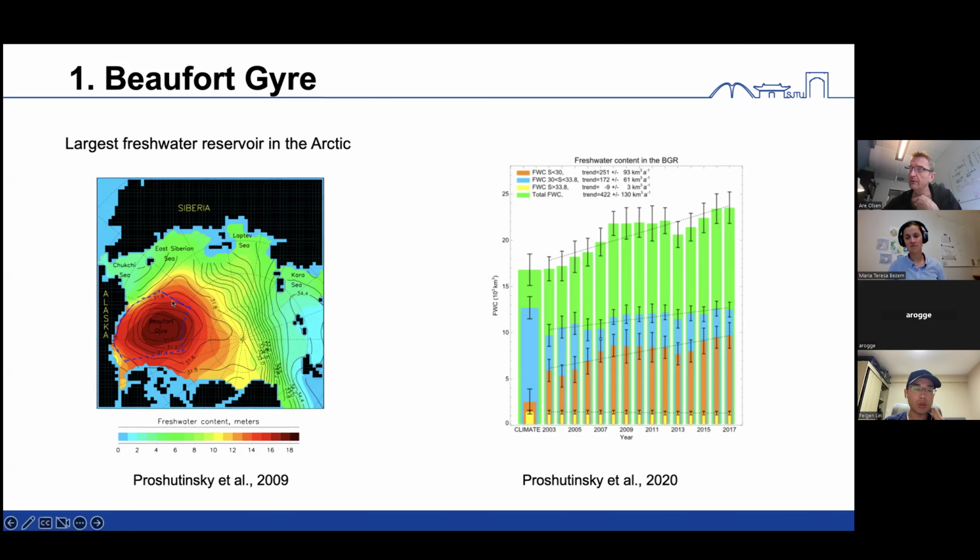Yeah, so Mary-Louise Timmermans and John Marshall have a review paper about the freshwater content in the Beaufort Gyre, and they report two more years of the time series, where they do see a decrease of the freshwater content in the Beaufort Gyre.